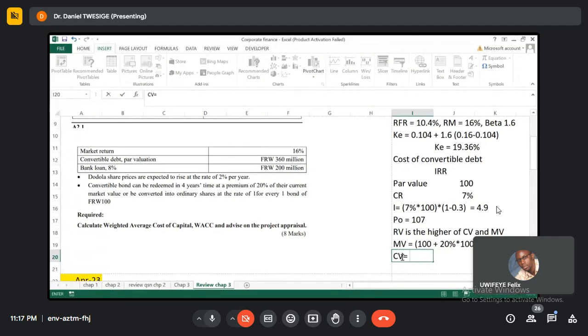My conversion value will be the price into (1 plus G) power N times the conversion ratio. Are we there?